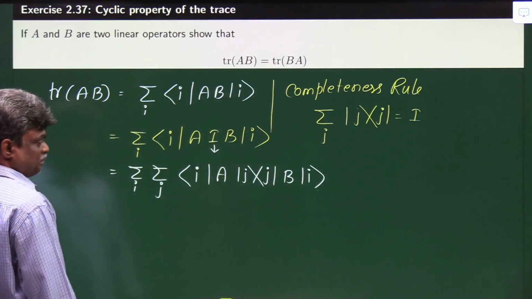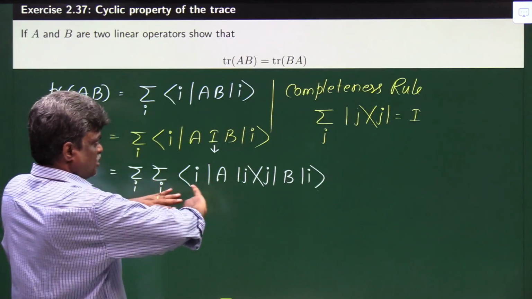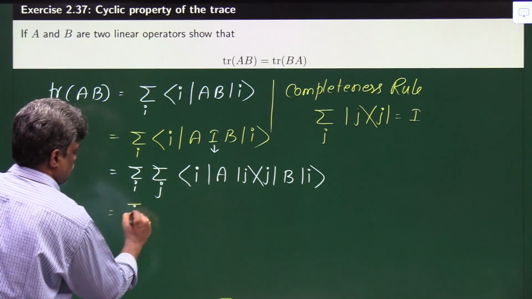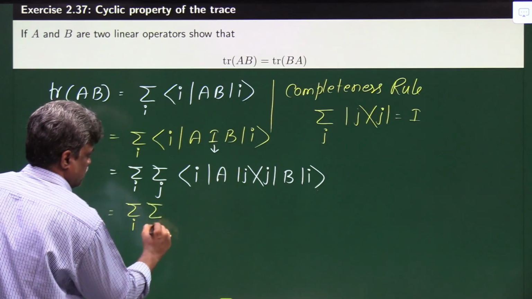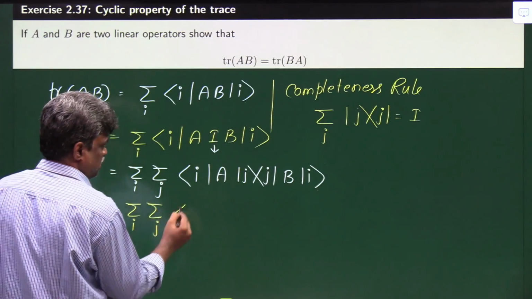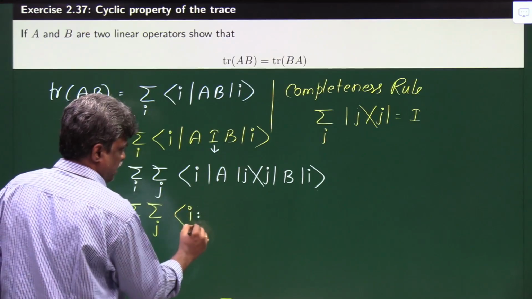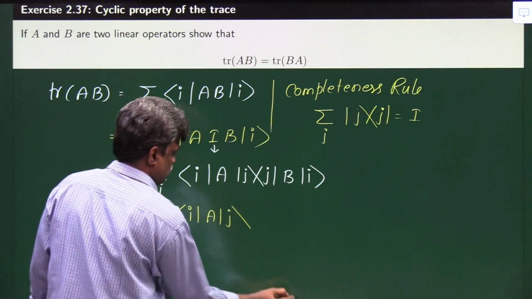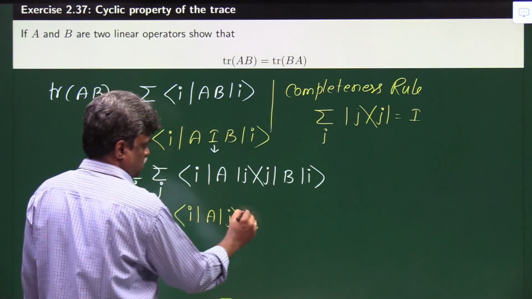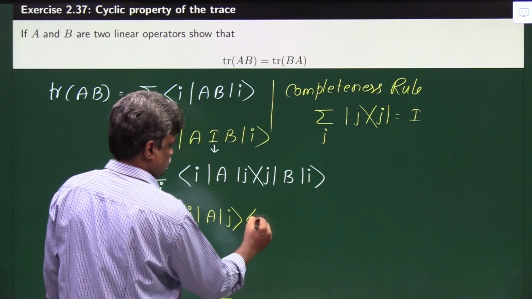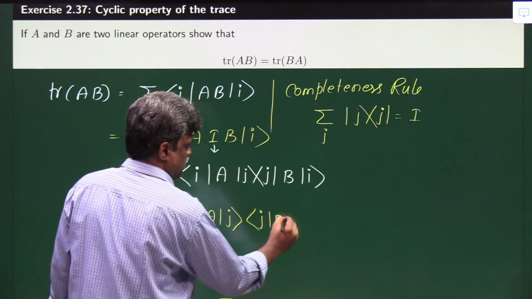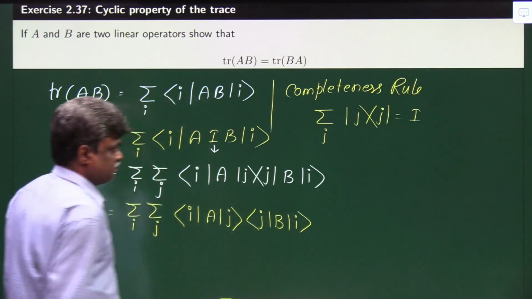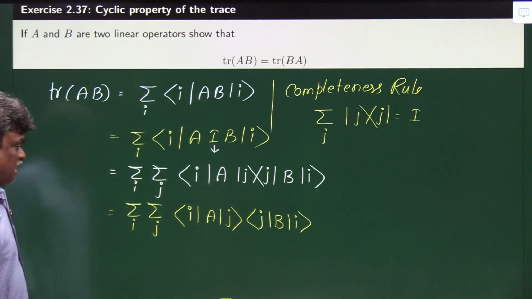Now carefully observe. So you just split this. This is nothing but summation over i, summation over j, of i A j, sorry, and this one j B i. Okay, fine.